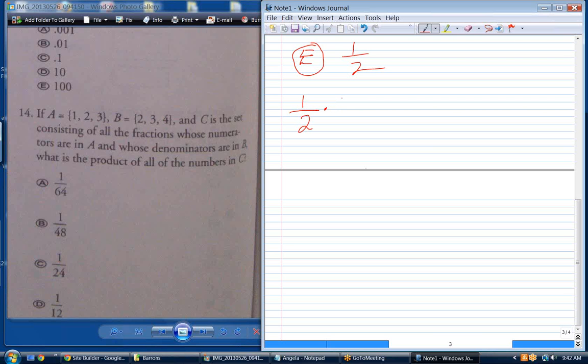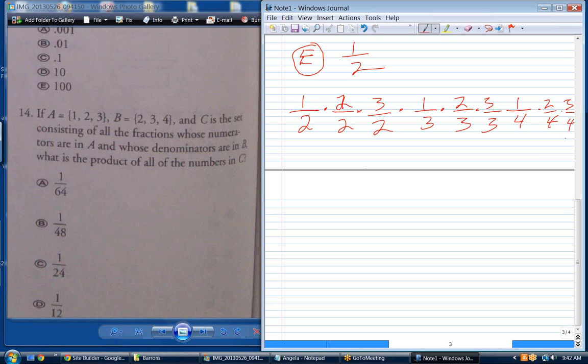You know what I'm saying? Yes. So 1/2, 2/2, and 3/2. And then 1/3, 2/3, and 3/3. And then 1/4, 2/4, and 3/4.